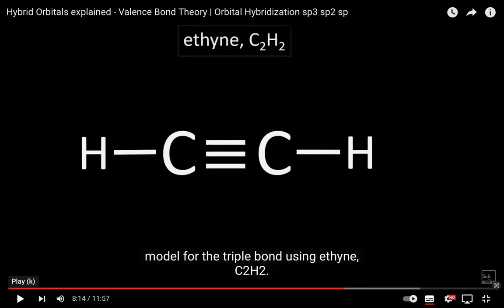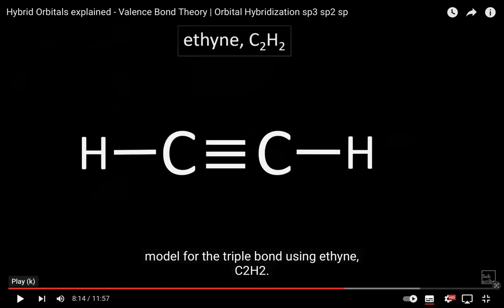If you get the key concept: if carbon, nitrogen, or oxygen has all sigma bonds, then all the s and p orbitals are involved in the hybridization. So that carbon, nitrogen, or oxygen has sp3 hybridization.